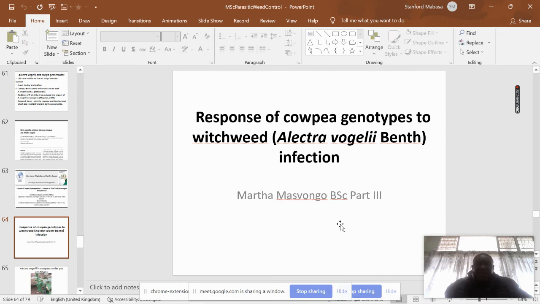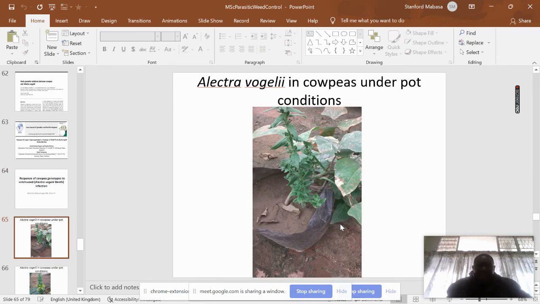Now, the response of genotypes to witchweed Alectra vogelii infection was also evaluated by a BSc candidate using these polythene bags. You can see the cowpea, and these could be the effects on the leaves.